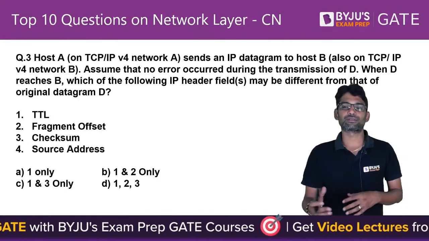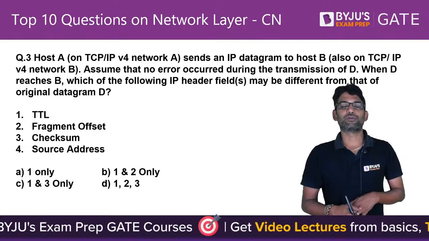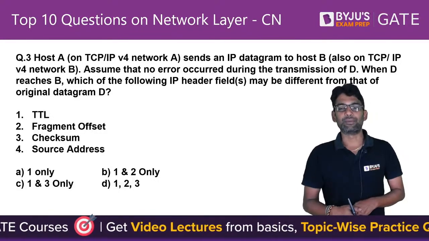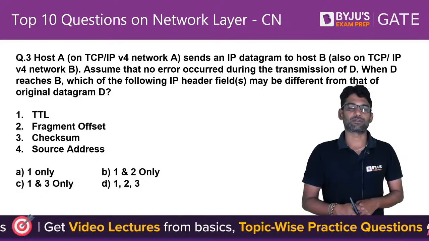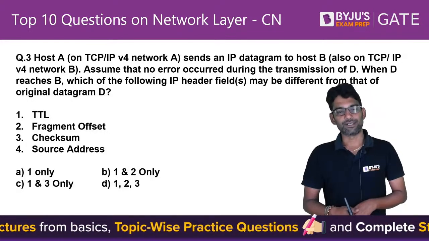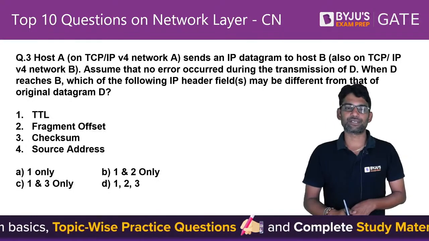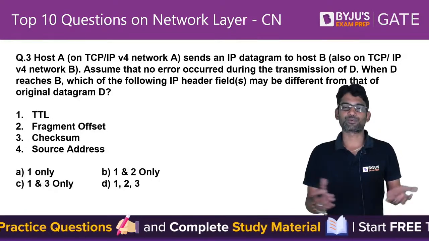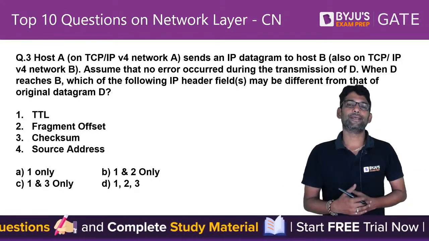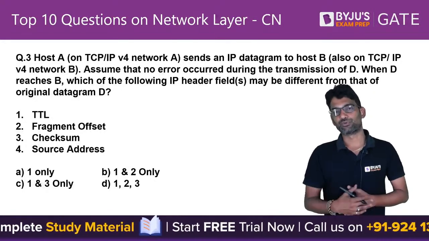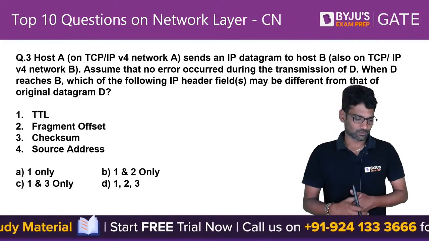When D reaches B, which of the following IP header field or fields may be different from that of original datagram D? TTL, fragment offset, checksum, source address. So options you have 1 only, 1 and 2 only, 1 and 3 only, 1, 2, 3. What would be your answer?